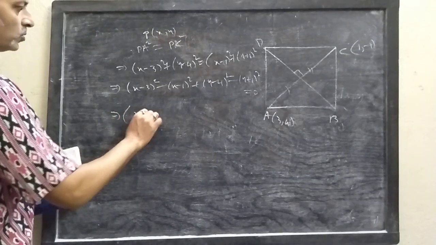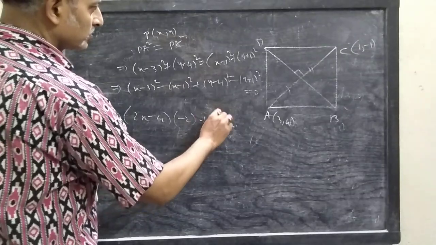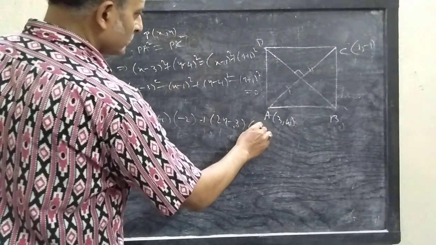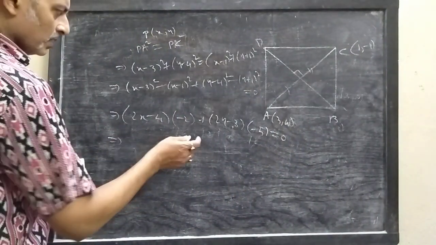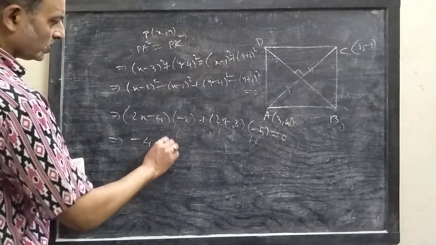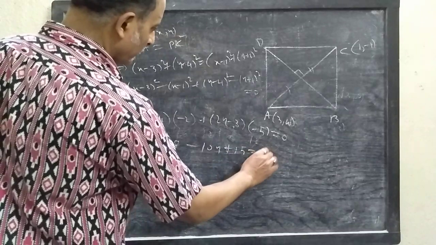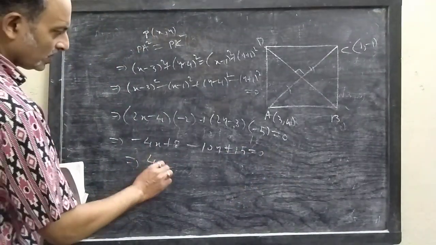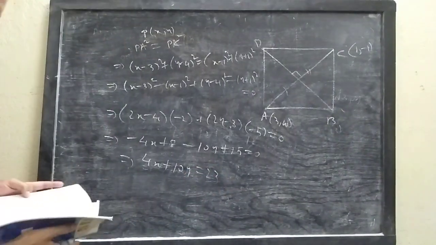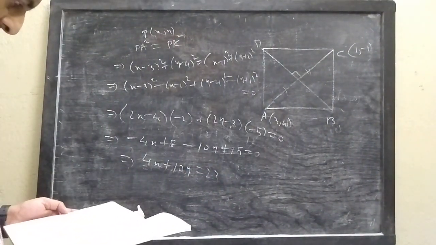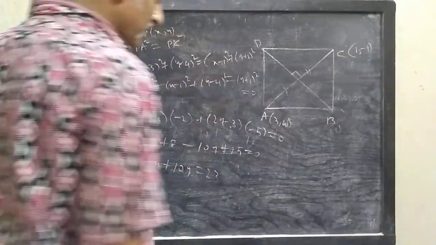That means (2x minus 4), this is minus 2, (2y minus 3), this is minus 5, equals 0. Just multiply them: minus 4x plus 8 minus 10y plus 15 equals 0. You get 4x plus 10y equals 23. This will be the equation of the perpendicular bisector, that is BD.